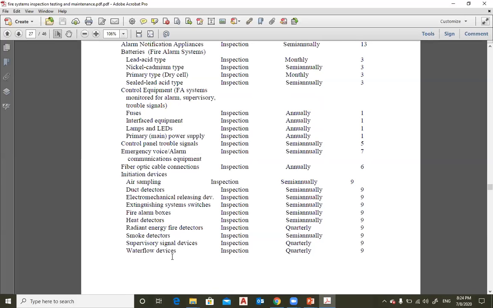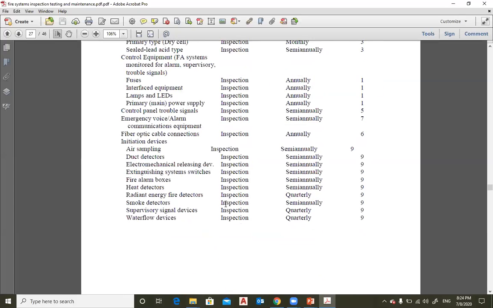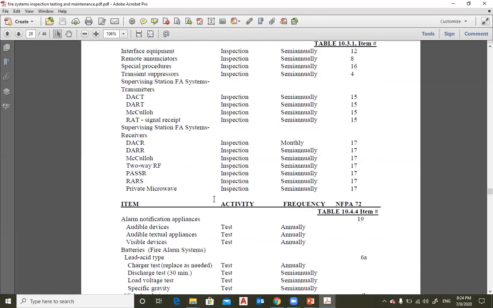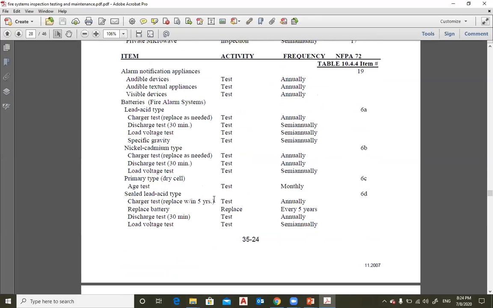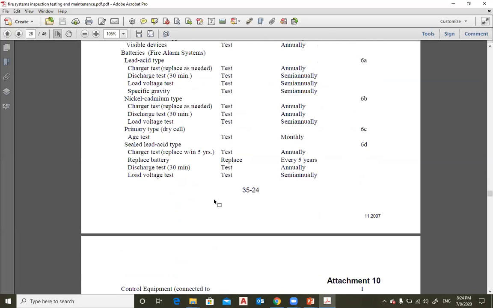You can check here inspection and then go again to the testing. It's very beautiful, I found it actually. If you check the fire alarm NFPA code, it is so difficult compared to this classification. The classification here is very good.